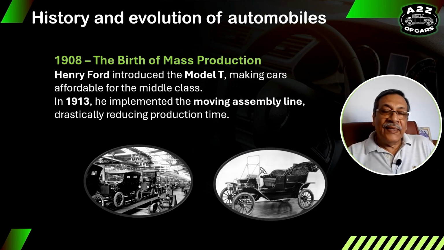In 1913, he implemented the moving assembly line, which actually revolutionized the whole process of manufacturing across industries. This led to drastically reducing the production time, which made cars more affordable by cutting the cost and time both.